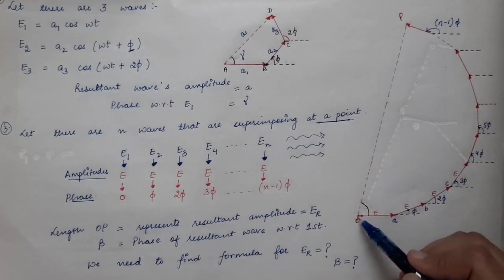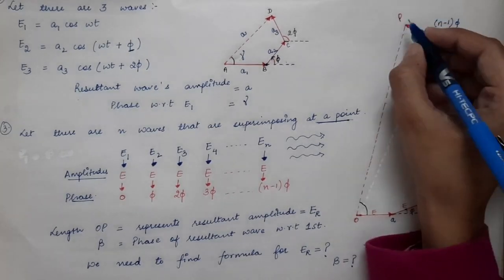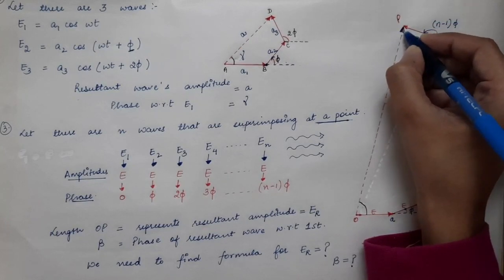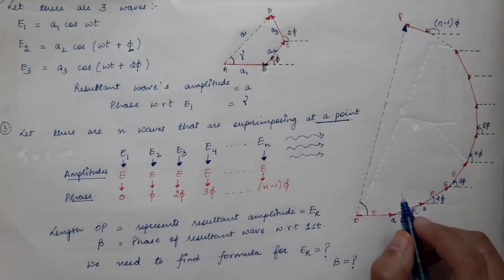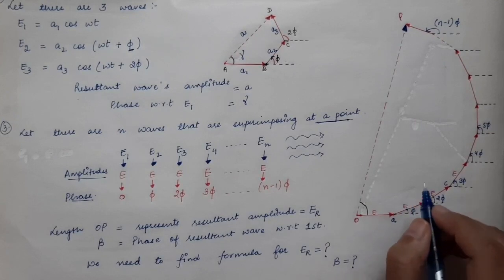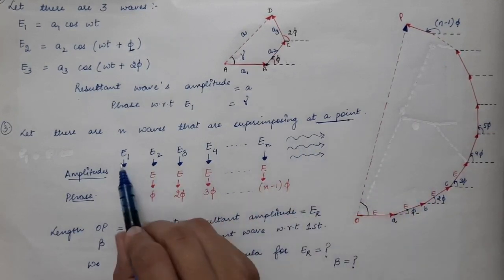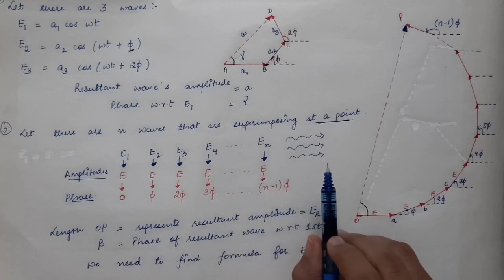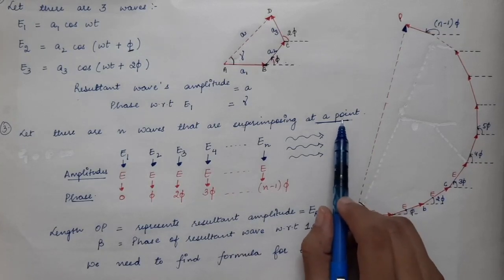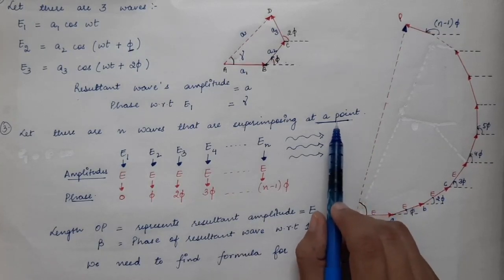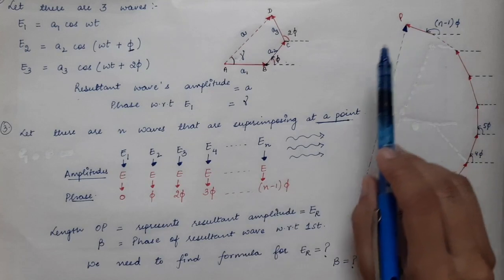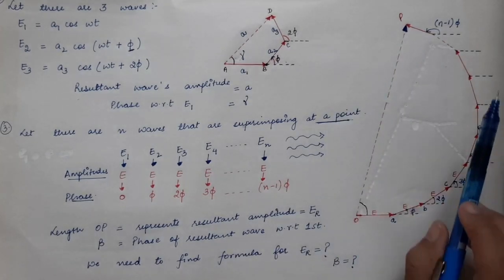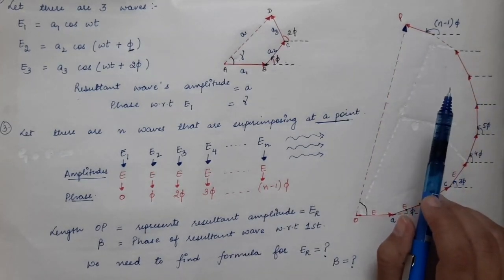The length of this vector OP will give us the amplitude of the resultant wave. When all these n waves superimpose at a particular point in space, they result in the resultant wave, which has a certain amplitude. This phasor diagram helps us determine that amplitude.